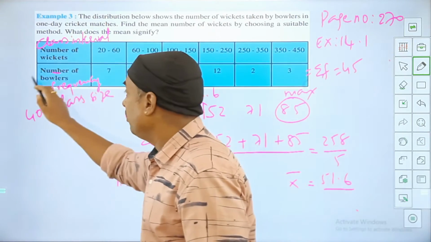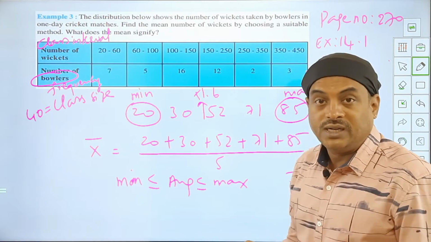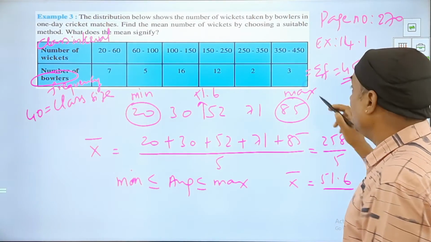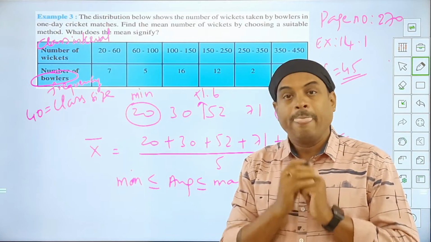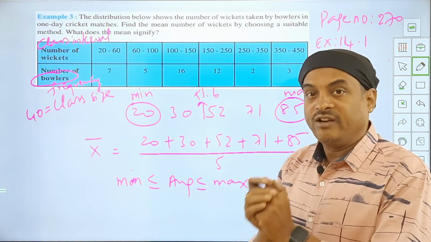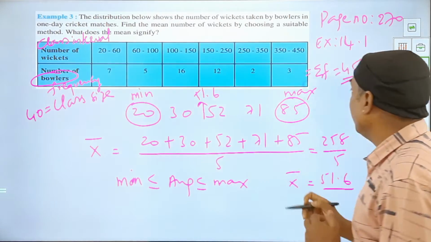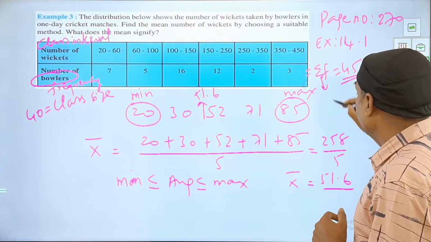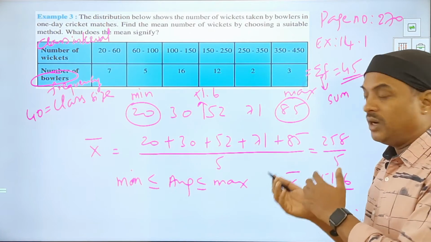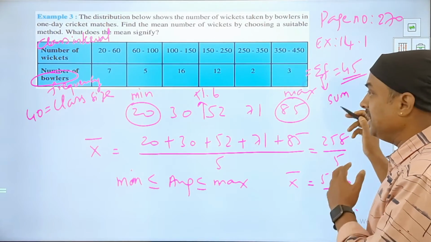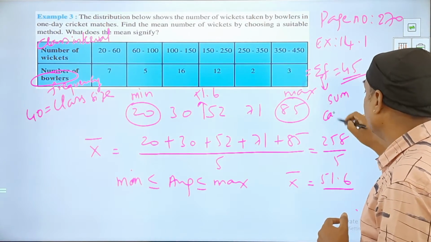So what is this talking about, friends? Bowlers. So the total performance of 45 bowlers is kept over here. That is what we need to understand. So the number of bowlers is 45, the sum of the frequency values. This symbol is called summation, or it is also called capital sigma.